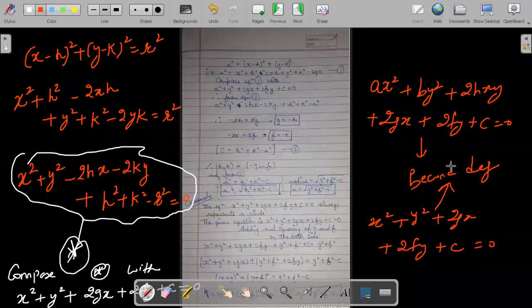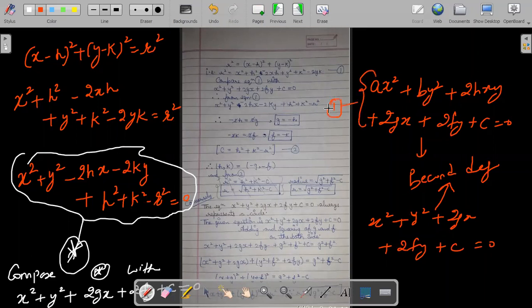The first equation represents a pair of straight lines when abc plus 2fgh minus af square minus bg square minus ch square should be equal to 0. Remember we did this? That was the condition that equation number 1 represents a pair of straight lines.